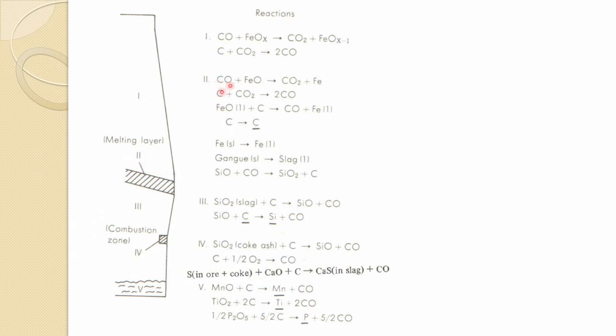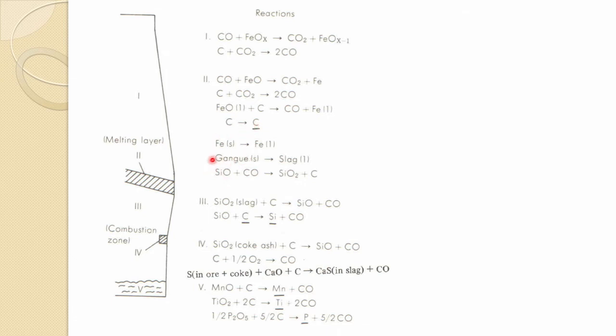So, CO reacts with wustite, so iron is produced, and in turn that CO2 again reacts with carbon and forms CO. And also in the liquid form, because at that temperature FeO also can be in liquid form, carbon can react and form iron in a liquid form, and carbon even dissolves into the iron.